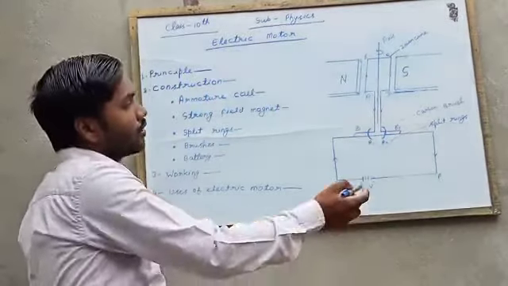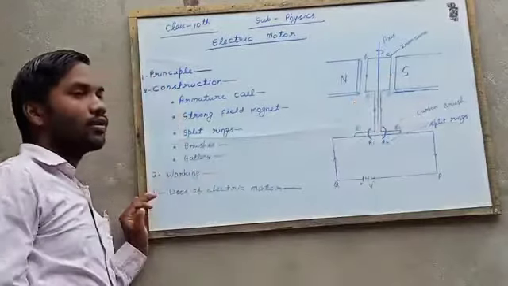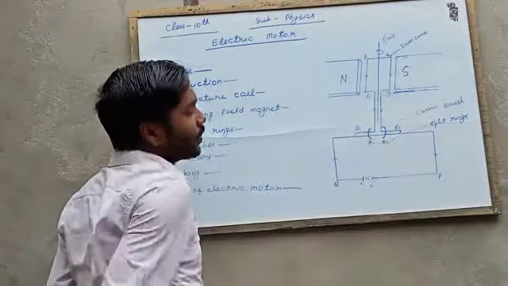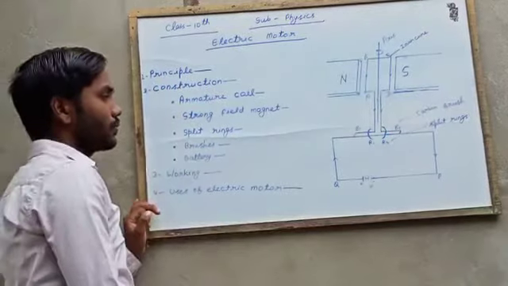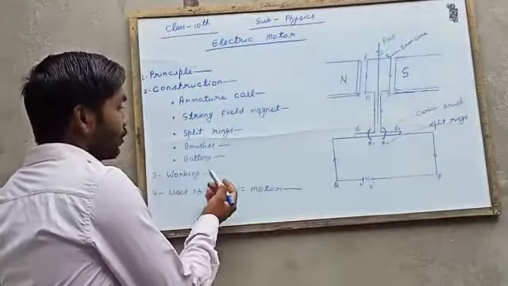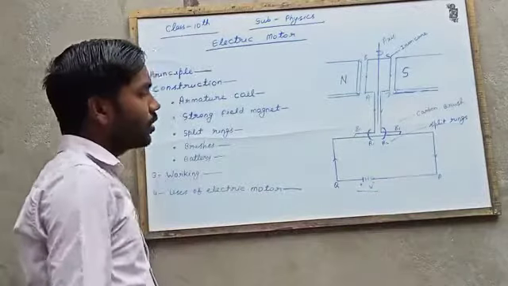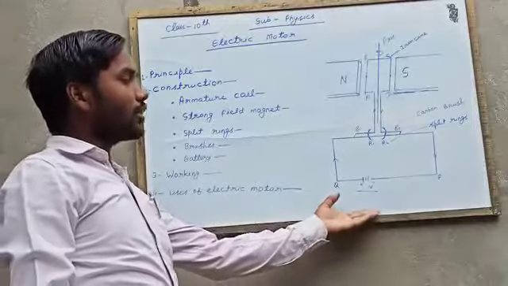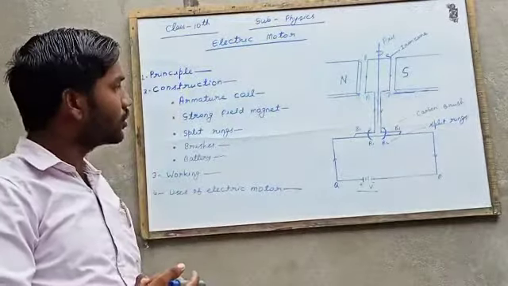You can see the two ends of the coil are welded to two brushes B1 and B2. These are carbon brushes. After that, battery. You can see here the battery connected to the coil. This is used to provide current in the electric motor.